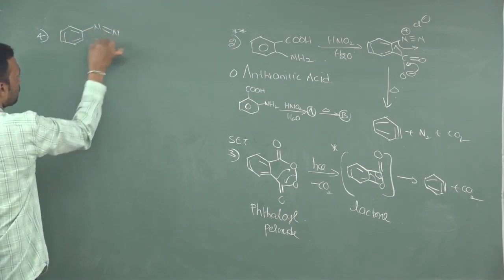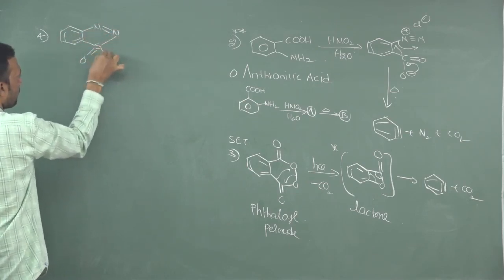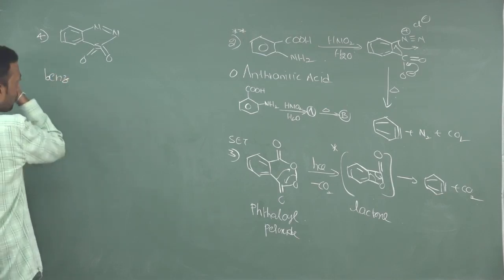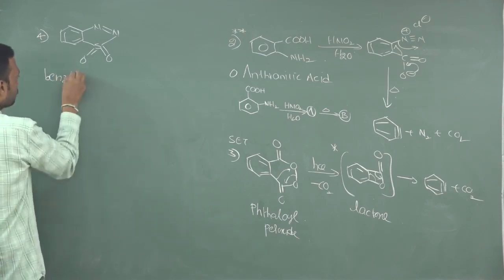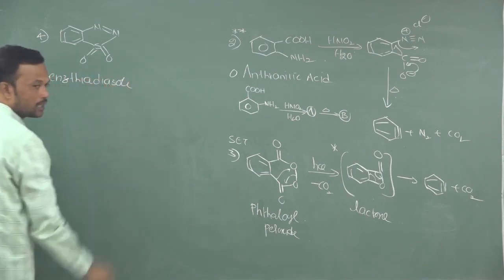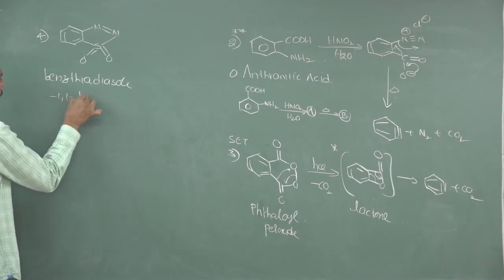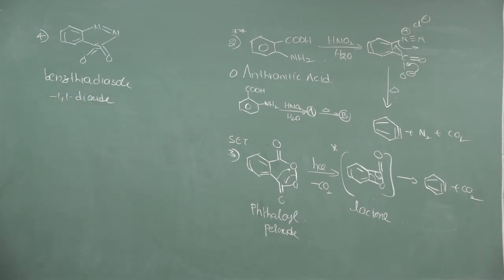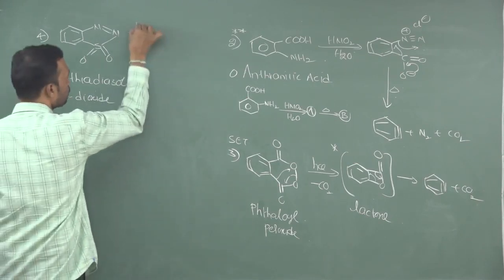This is the thermal decomposition of this molecule, called benzothiazole 1,1-dioxide. This is one more intermediate, a heterocyclic compound which has a tendency to give benzene on photolysis.